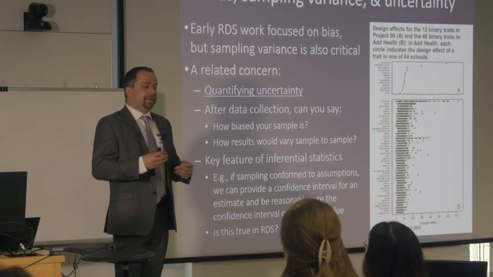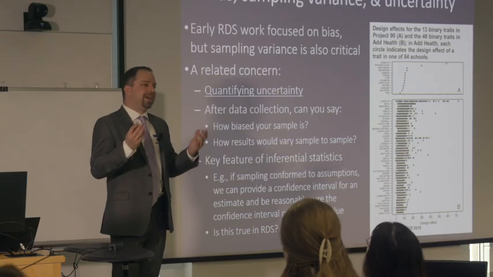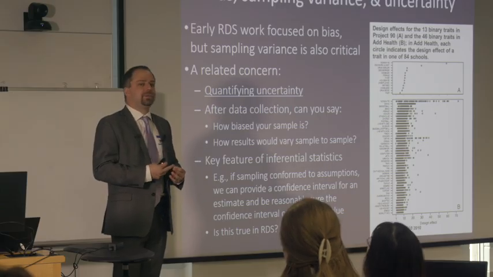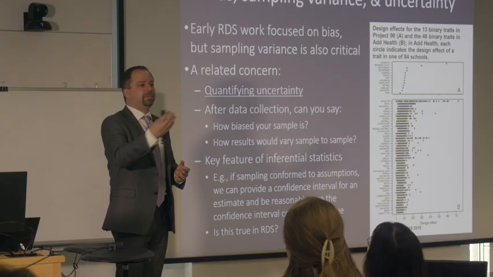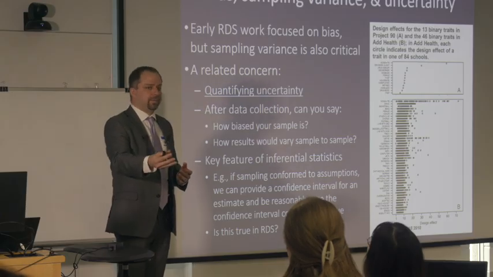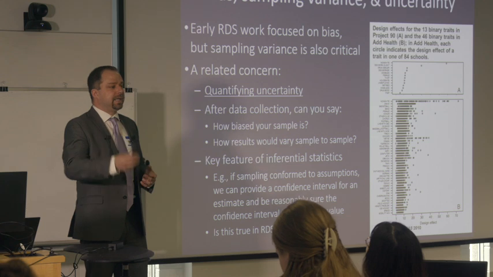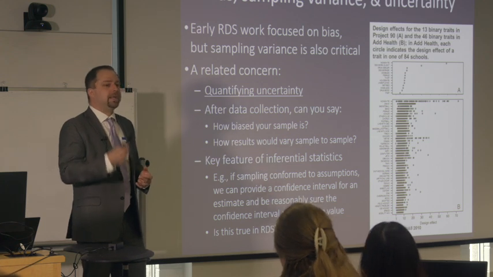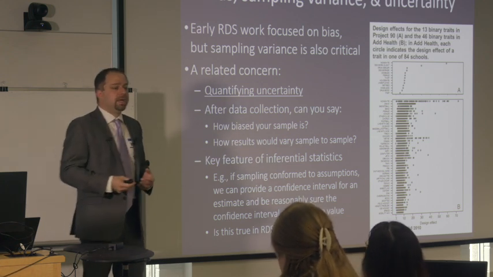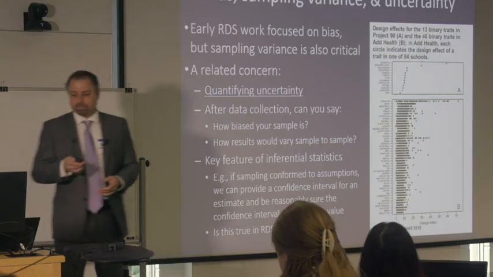People used to say off the top of their head that with RDS you need twice the sample size to get the same statistical power as traditional sampling methods. But this work showed that you need 5 to 10 times the sample size to get the same statistical precision. So this is a big potential problem.